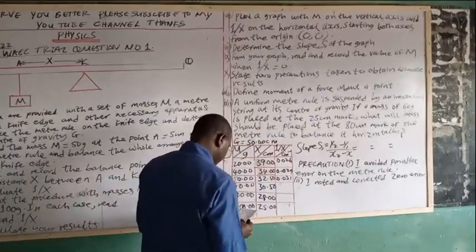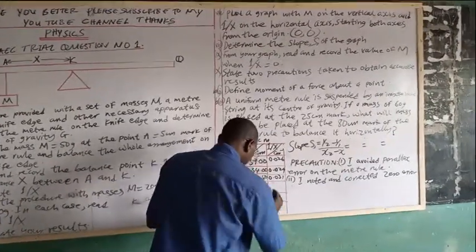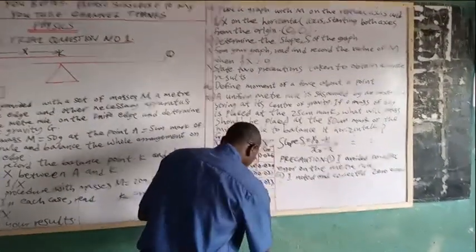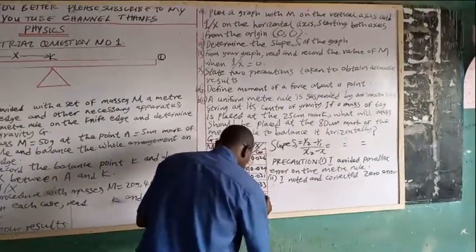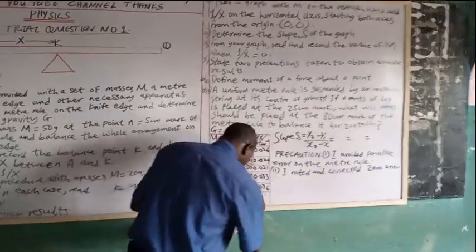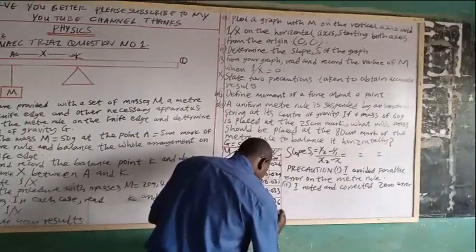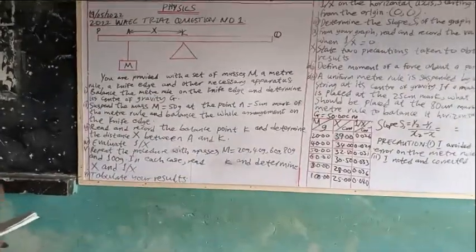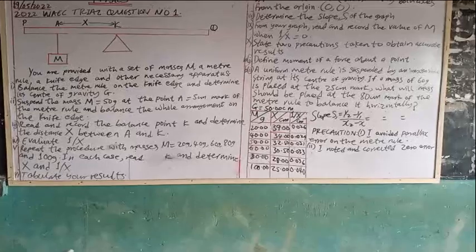The inverse of 30.5 is 0.033. The inverse of 28 is 0.036. The inverse of 25 is 0.040. Now, the next thing is to plot a graph of M.